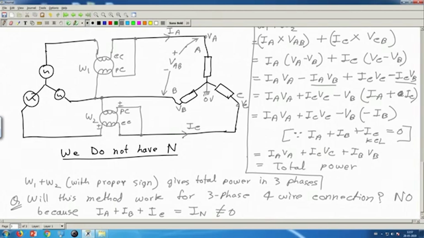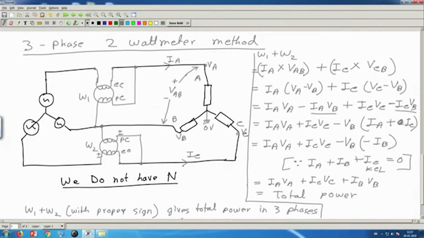because in this derivation also, I am measuring this current and the voltage VA minus VB for this wattmeter. So, I am measuring this IC and VC minus VB. If IC is positive, this VC minus VB is also taken like this. Let me repeat in a different way.